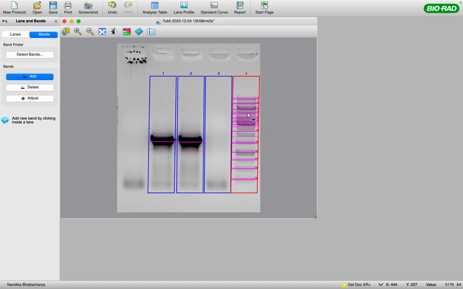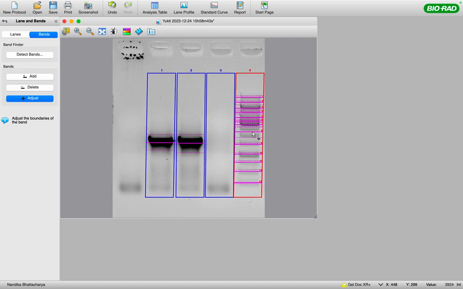But we can just add all the bands that we can see in this gel. Now I have added all the bands that I could see in this ladder.